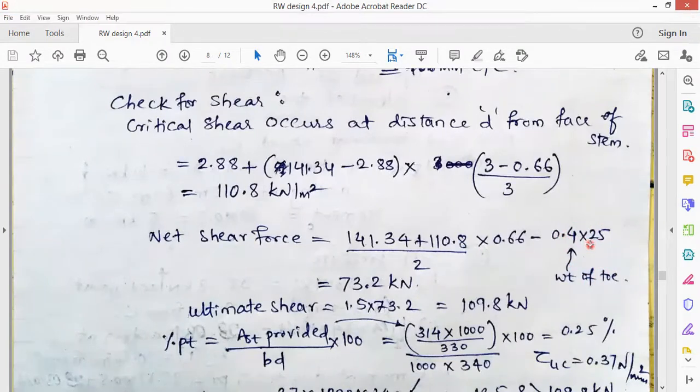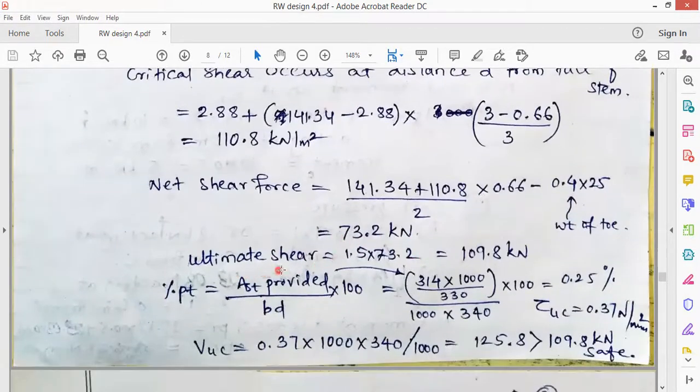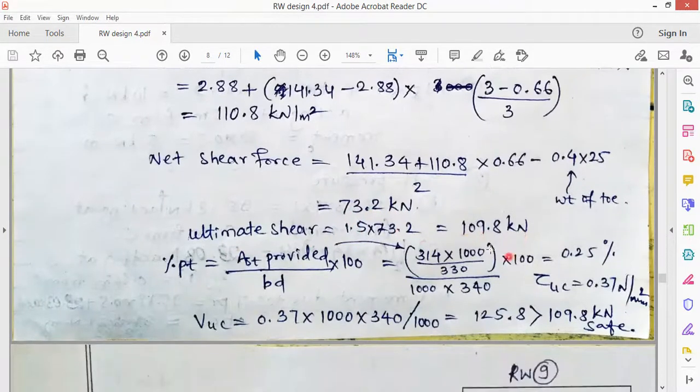So it is 0.4 into 0.4 into 0.4 into 25. So it is acting downward, the other is acting upward. So what is the net shear force? This minus this. So that will be 73.2 kilonewton. So this is the shear force. So ultimate shear force equal to 1.5 into 73.2 kilonewton. That will be 109.8 kilonewton.